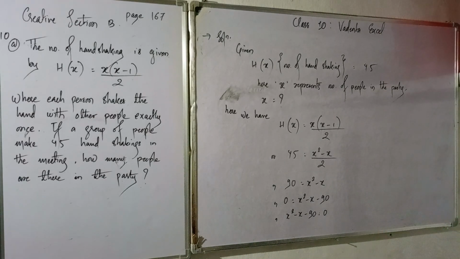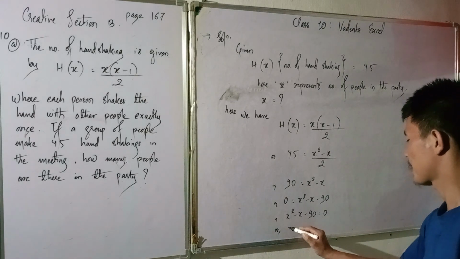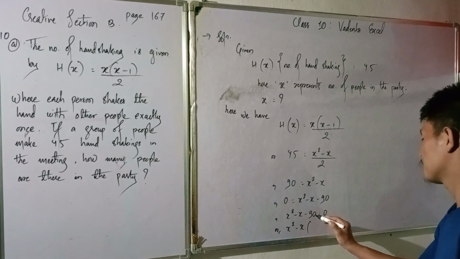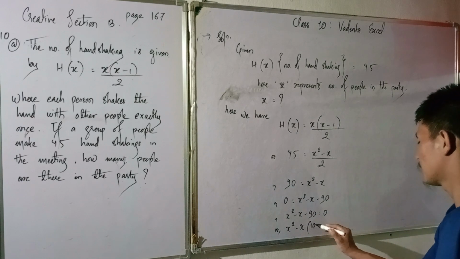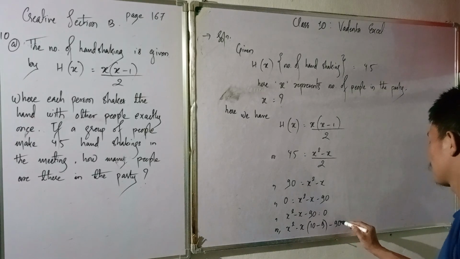Now you just factorize. x squared minus x minus 90, factors of 90 whose difference is 1. 10 nines are 90, 10 minus 9 is 1.